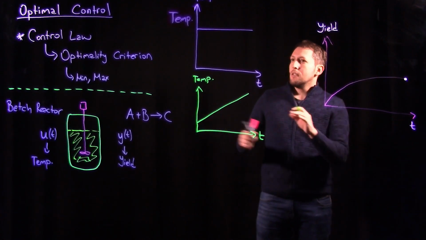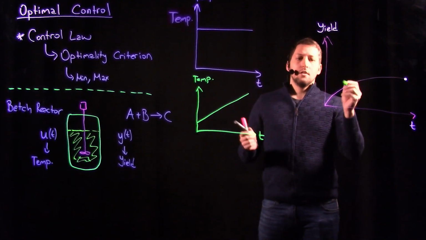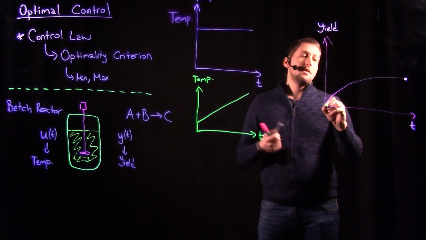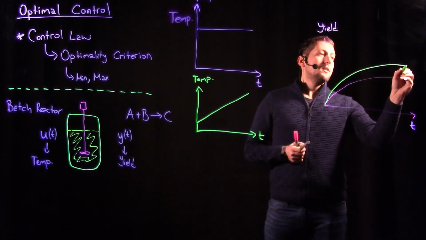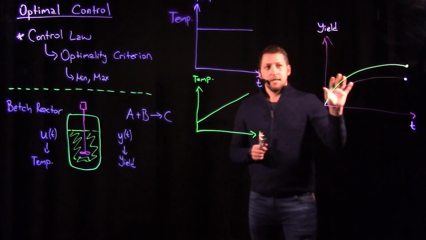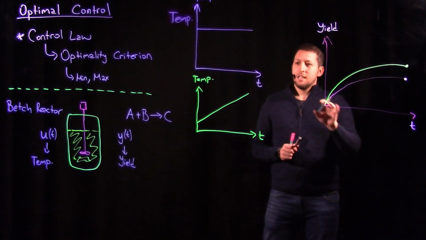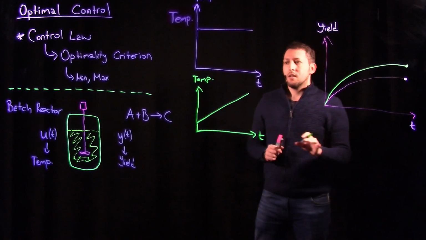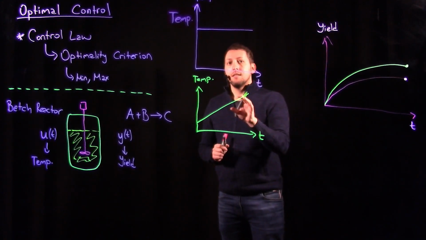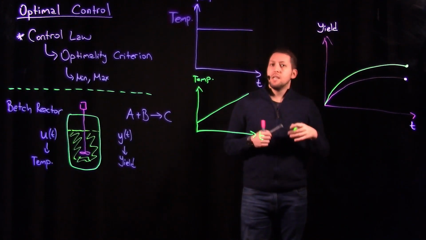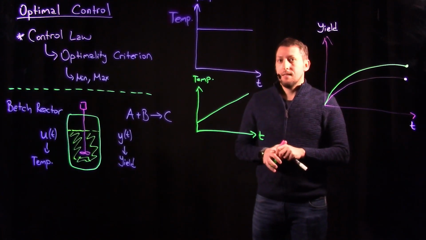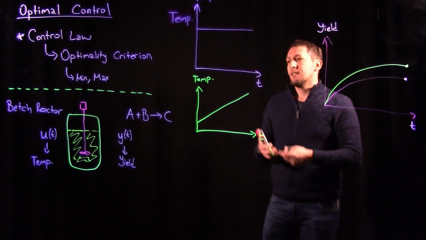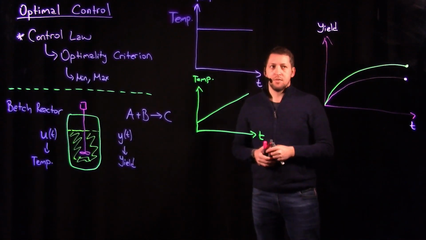When we do this, we observe a different yield curve, something like that. Yes, that's relatively better than the previous one, but how can we know that this provides the best performance? Of course, we are not able to say this is the best performance under some circumstances.